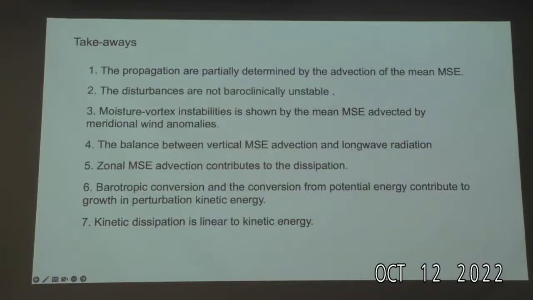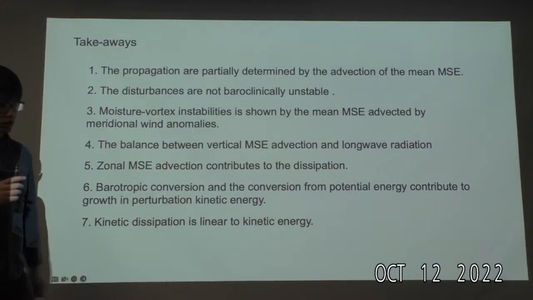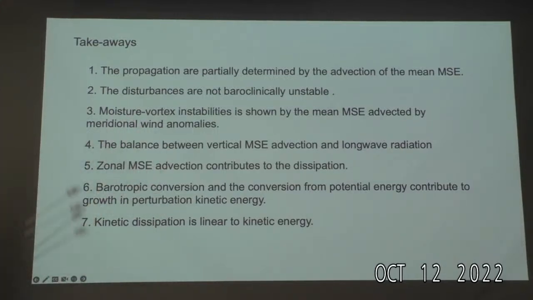And the major take-home messages here: the first one is that propagation is affected by the variation in the mean MSE. The second one is that for the disturbances, baroclinic instability has been ruled out. The third one is that the strong meridional advection of mean MSE is affected by the strong meridional wind anomalies representing the MVI. Next is the balance between the vertical advection of MSE and the longwave radiation.